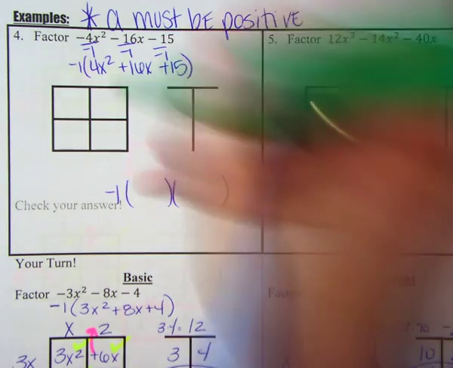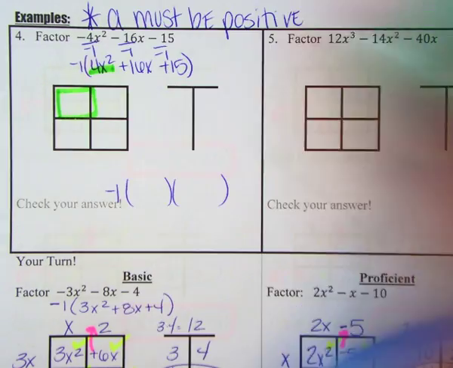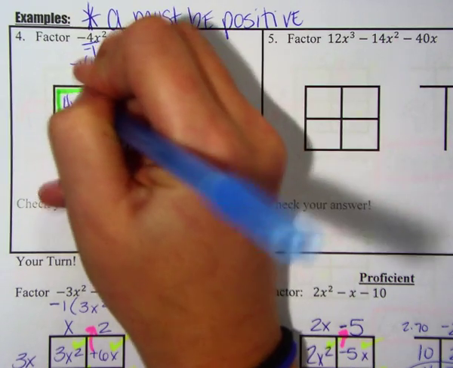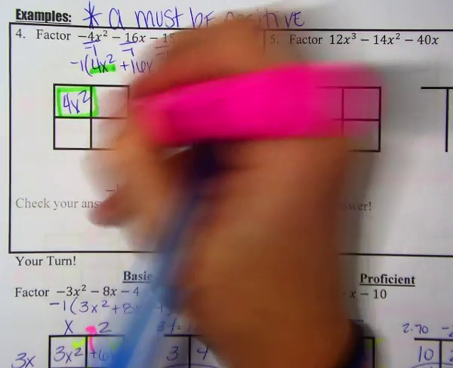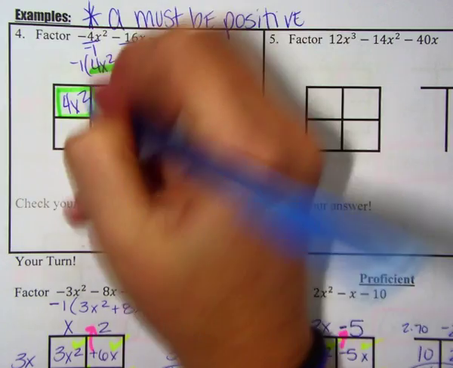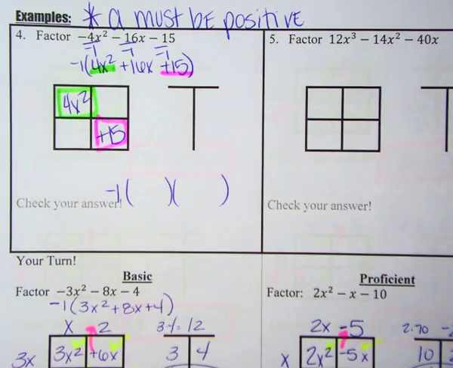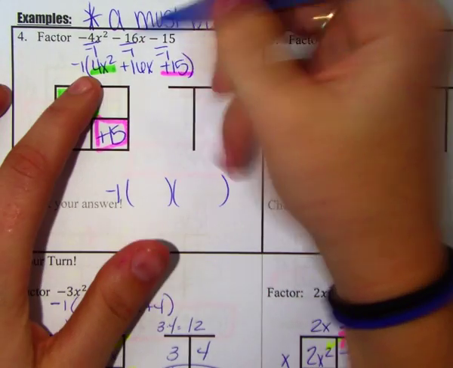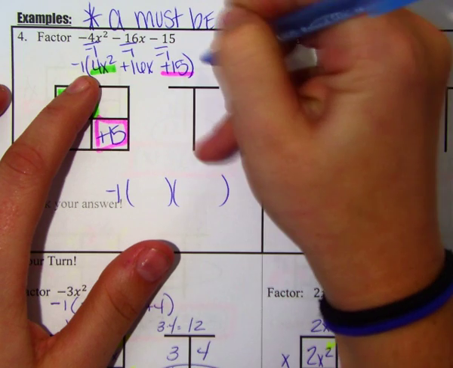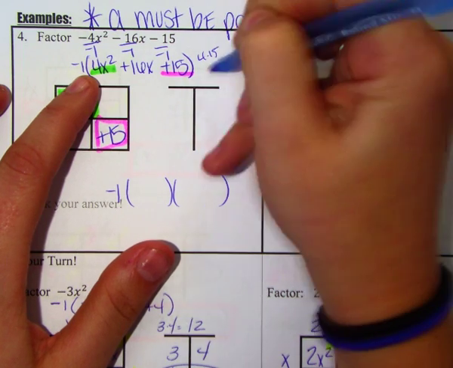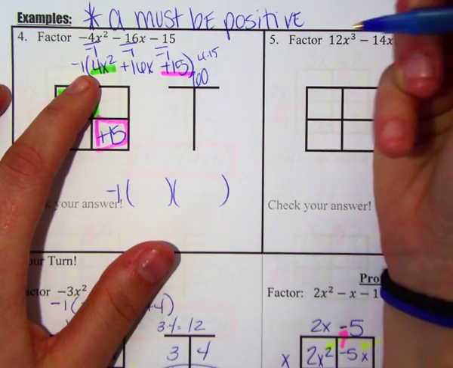So here we go. First term, first box. Last term, last box. Then A times C goes over here. So 4 times 15, which is 60.